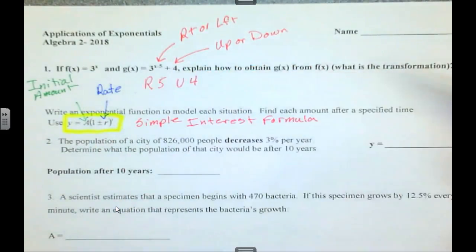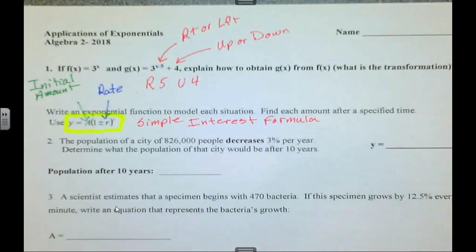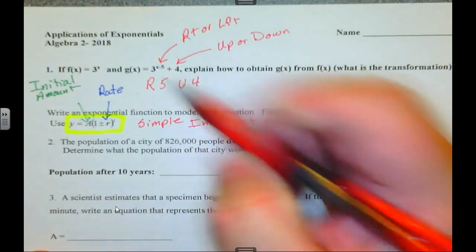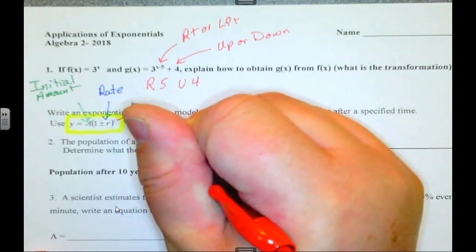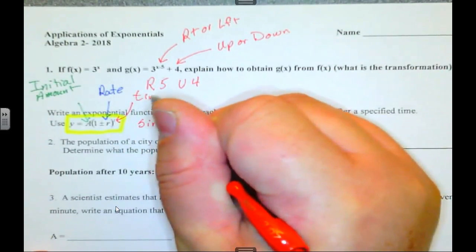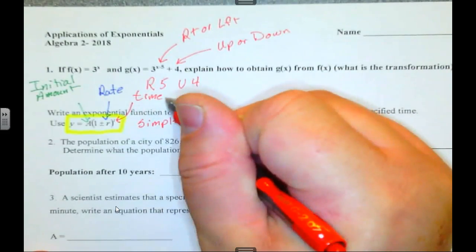Usually expressed in percentage, so you have to move the decimal over 2 places, right? And what's the T? In the exponent. Time. That's expressed in years.